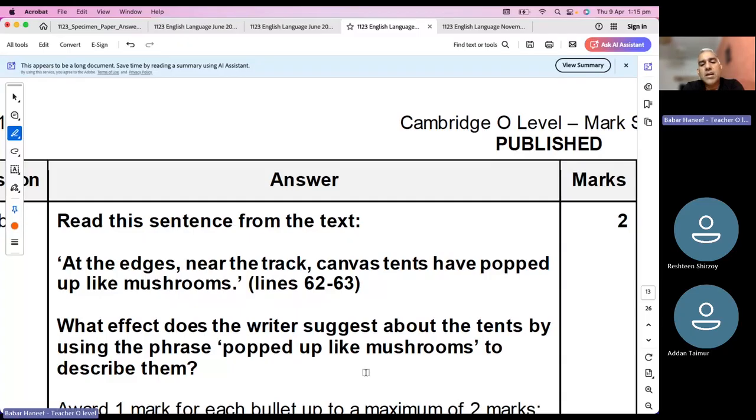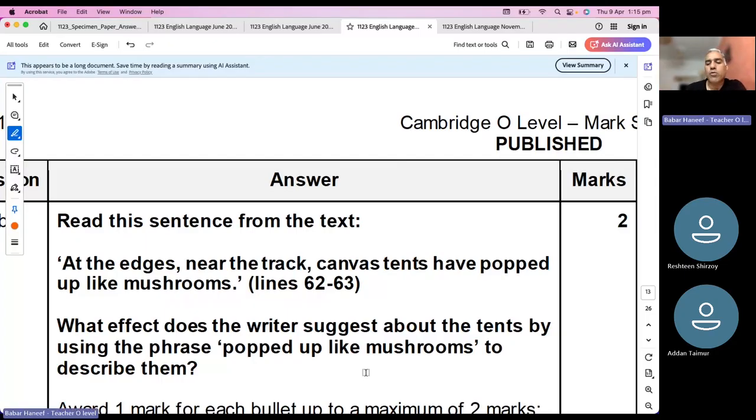What effect does the writer suggest about the tents by using the phrase popped up like mushrooms? So you have to decode the writer's intention here. What impression is he trying to convey?